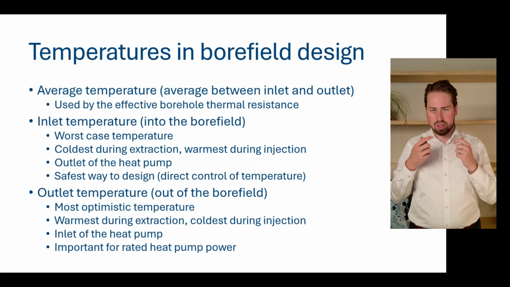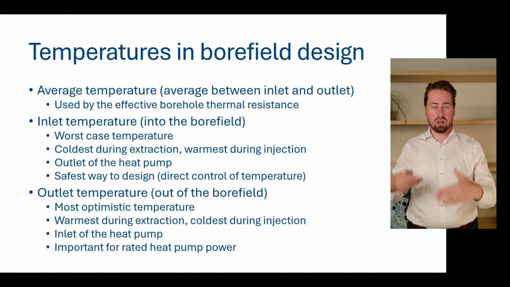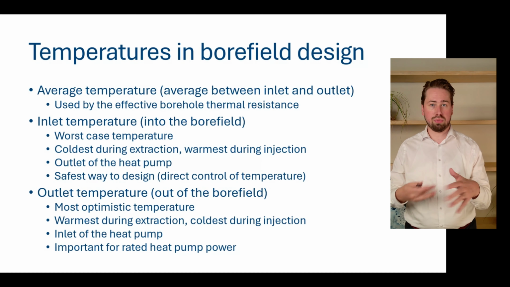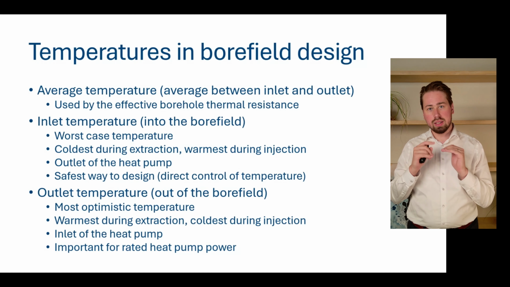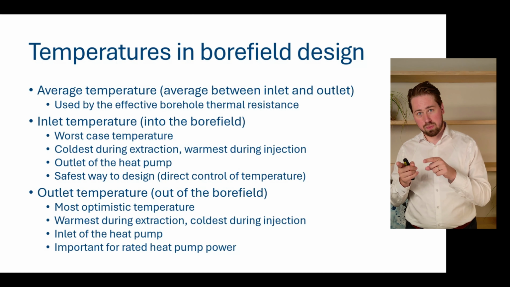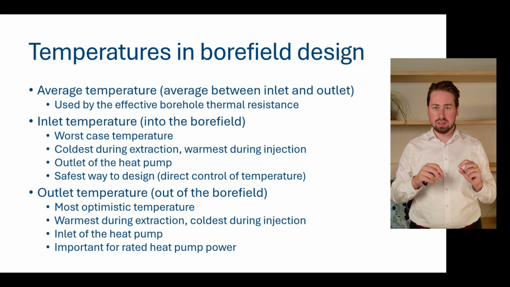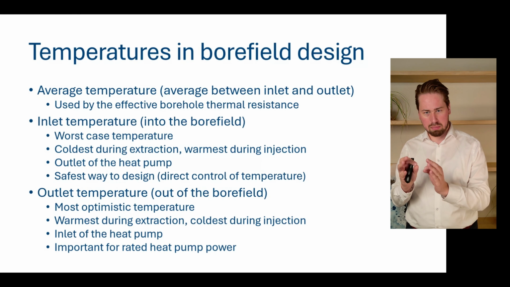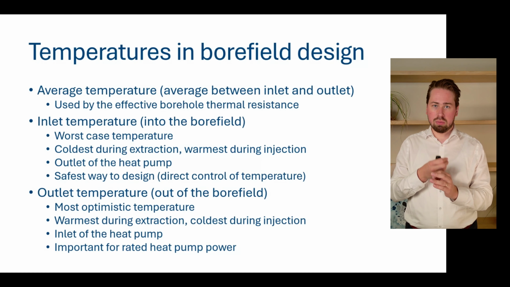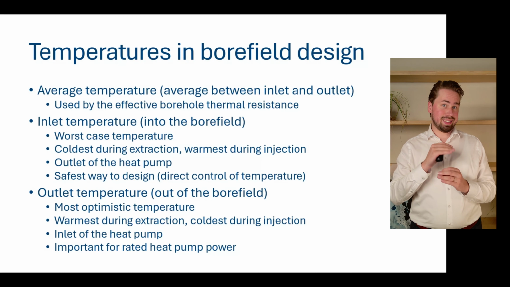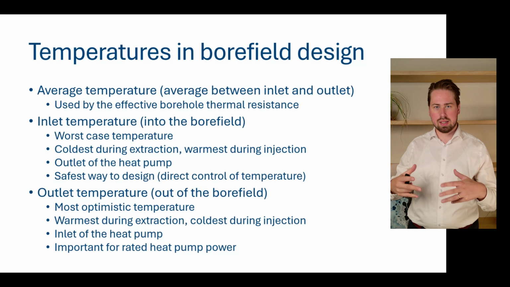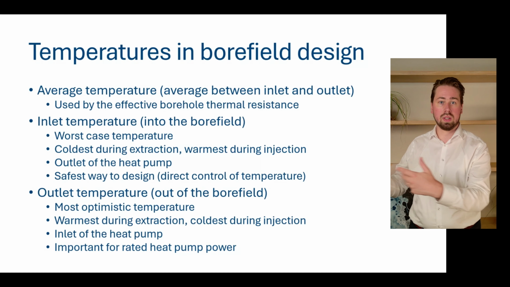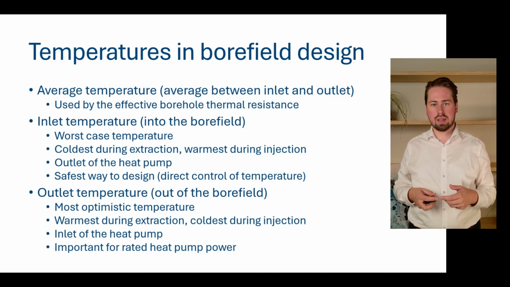So we need to make sure that if we want our heat pump to function, the inlet temperature of the heat pump, which is the outlet temperature of the bore field, it's a little bit confusing sometimes, stays above this level in order to make sure that the heat pump has the capacity we need to heat our building.